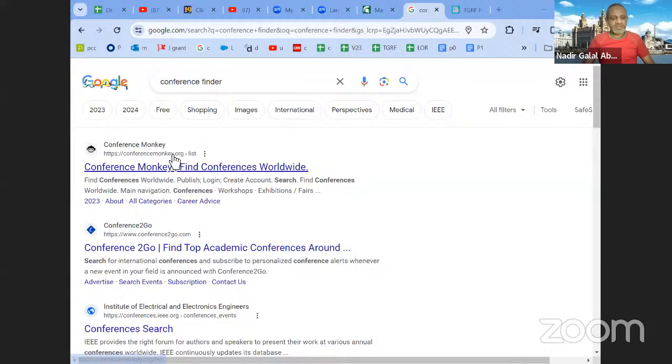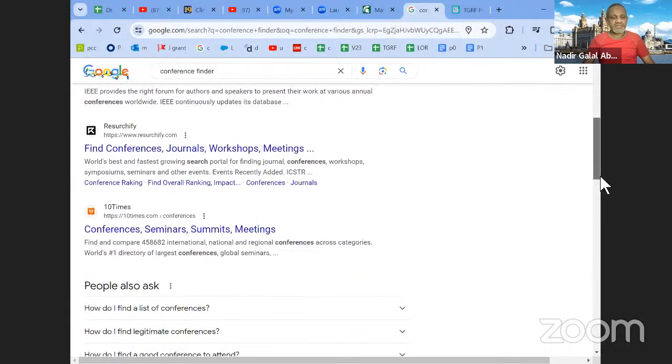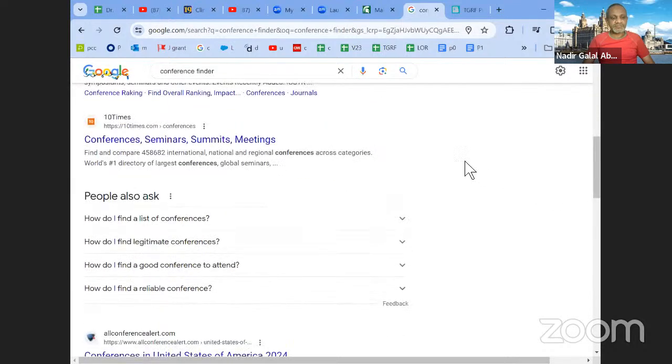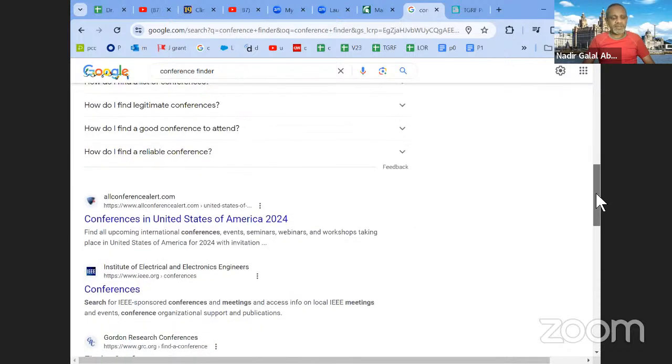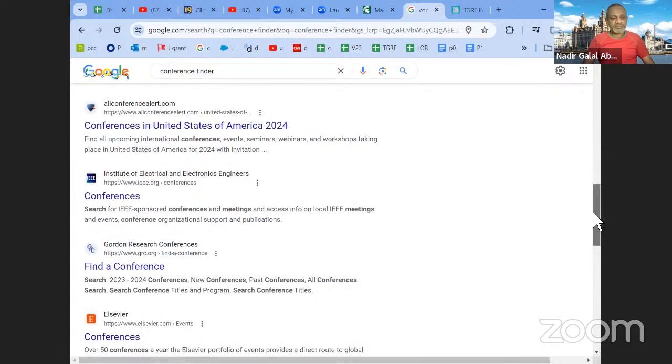If you search conference finder, you can find Conference Monkey, Conferences to Go. For next year, for example, there are different conferences, seminars, and meetings, and you can find the area that matches what you are interested in.